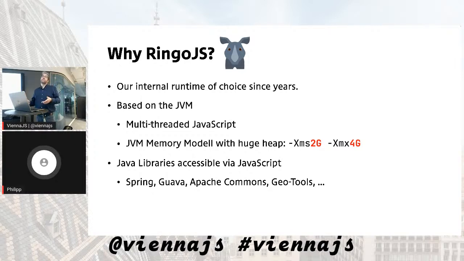And a good reason to use Ringo for us is that we have the access to the full Java enterprise libraries. And if you use GeoTools, and we have our own OpenStreetMap stack, and all the Spring and Apache Commons libraries, this is really useful.